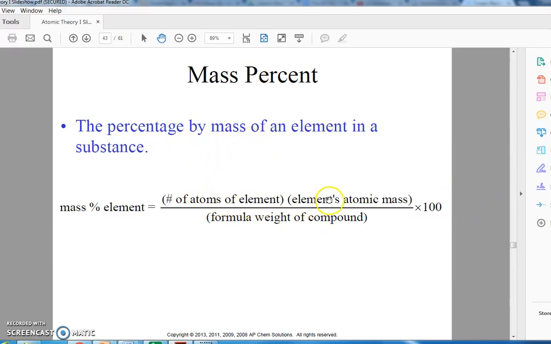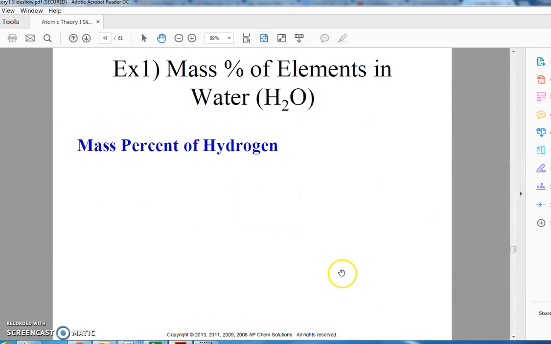So it's the part of the compound that you're concerned with divided by the whole compound. And whenever we talk about percentages, it's going to be the part over the whole times 100.